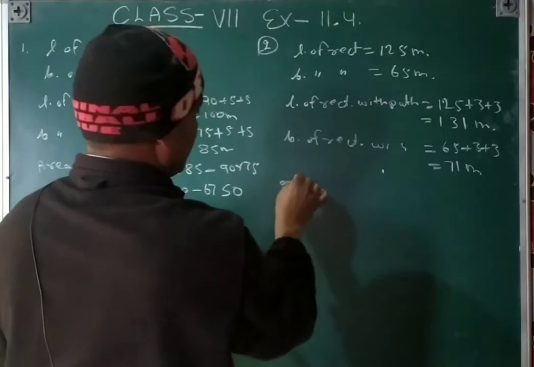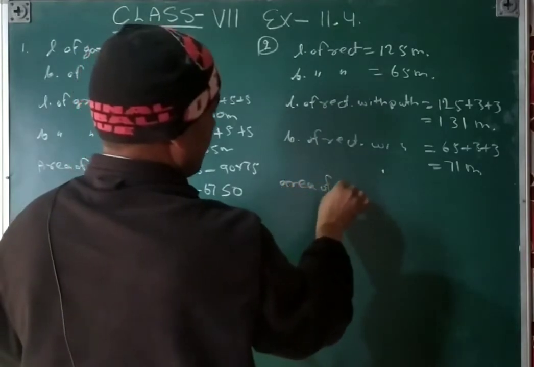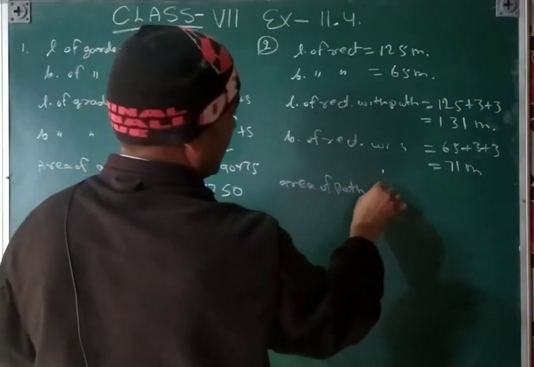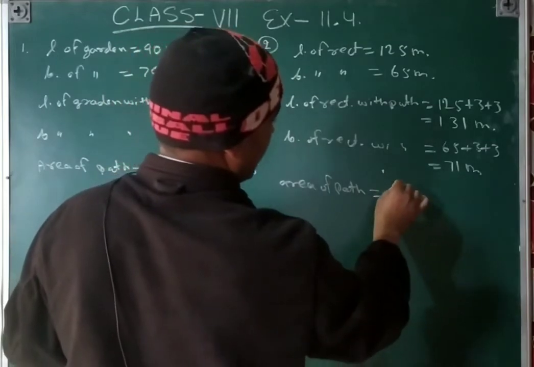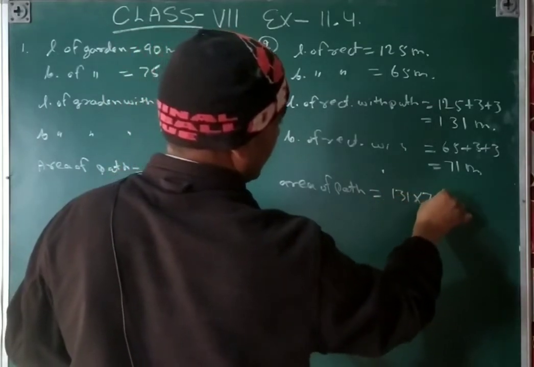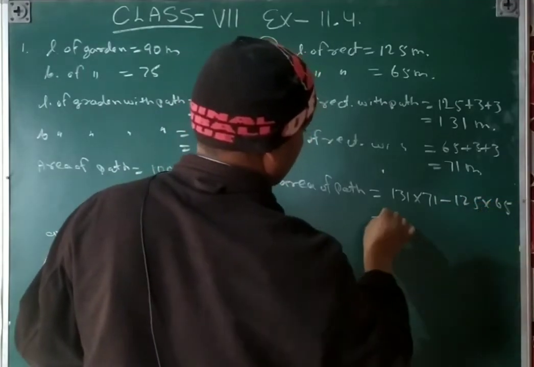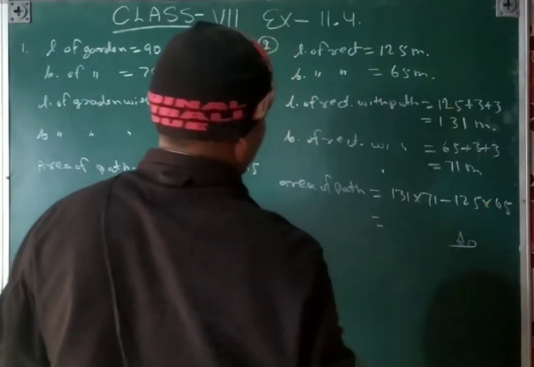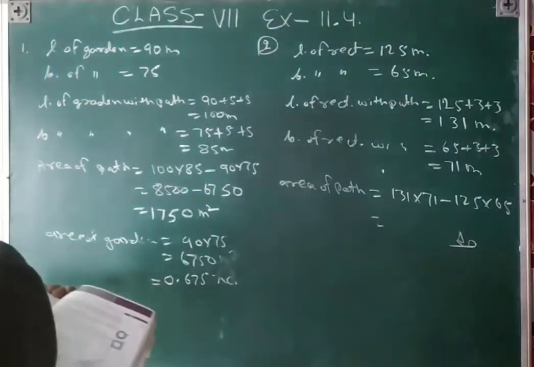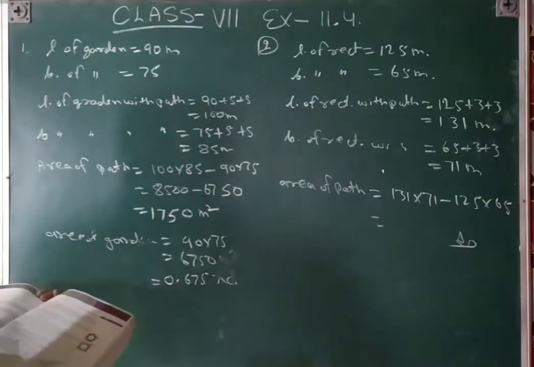So area of path will be 131 into 71 minus 125 into 65. By the calculation the answer will come in meter square.